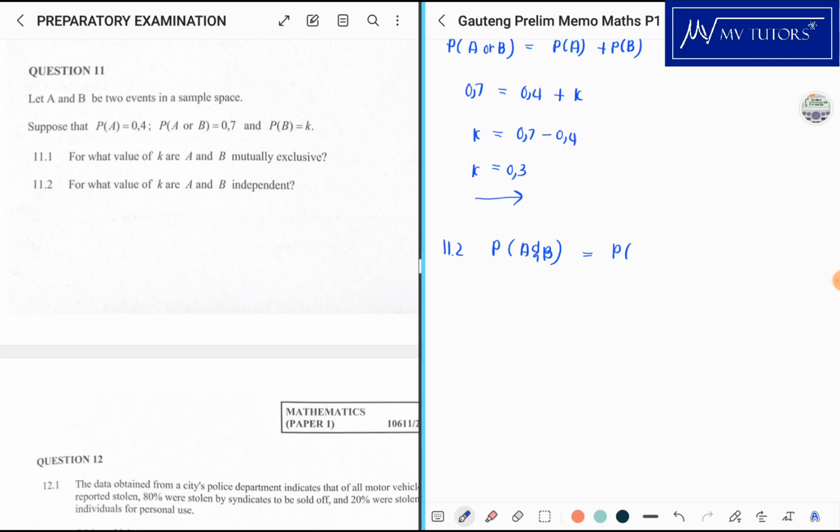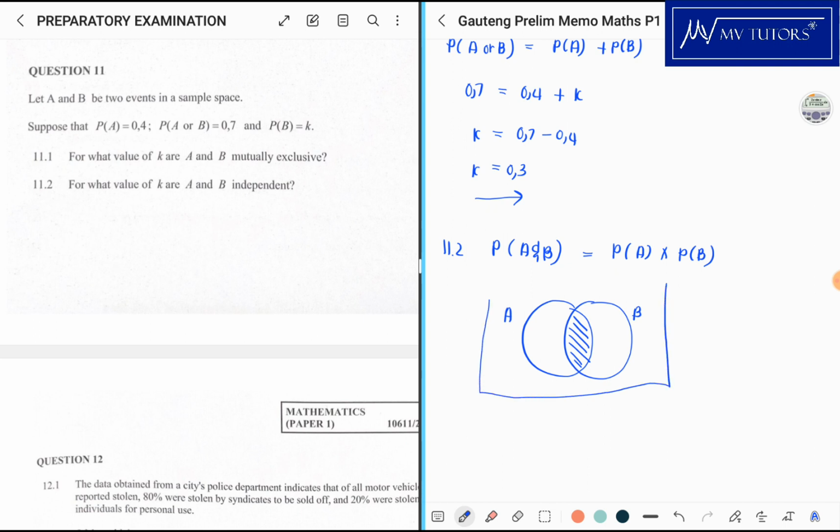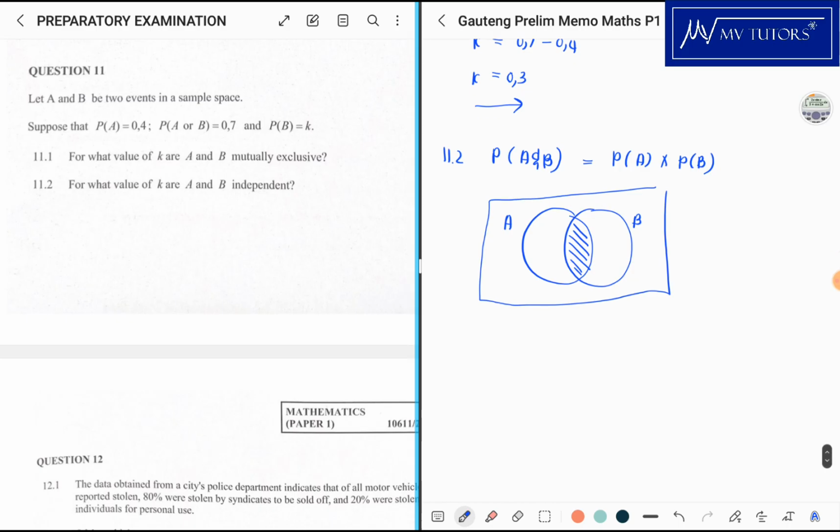The events overlap, and A and B is this intersection in the sample space. With our formula, the probability of A or B is equal to the probability of A plus the probability of B minus the probability of A and B.